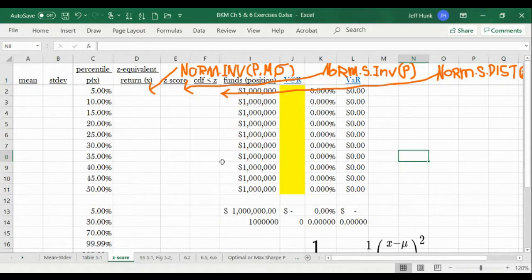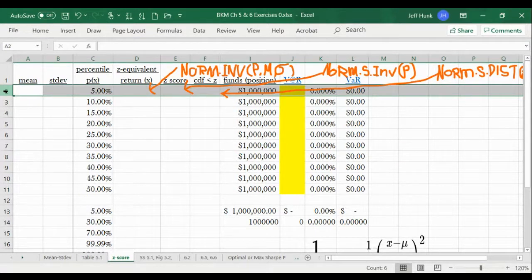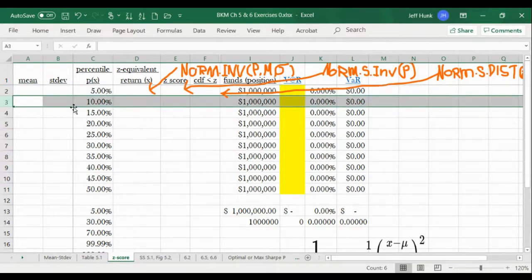So basically, what would be the loss in the worst 5 percentile case, the bottom 5%, and the bottom 10% or 10 percentile case, 15 percentile case?